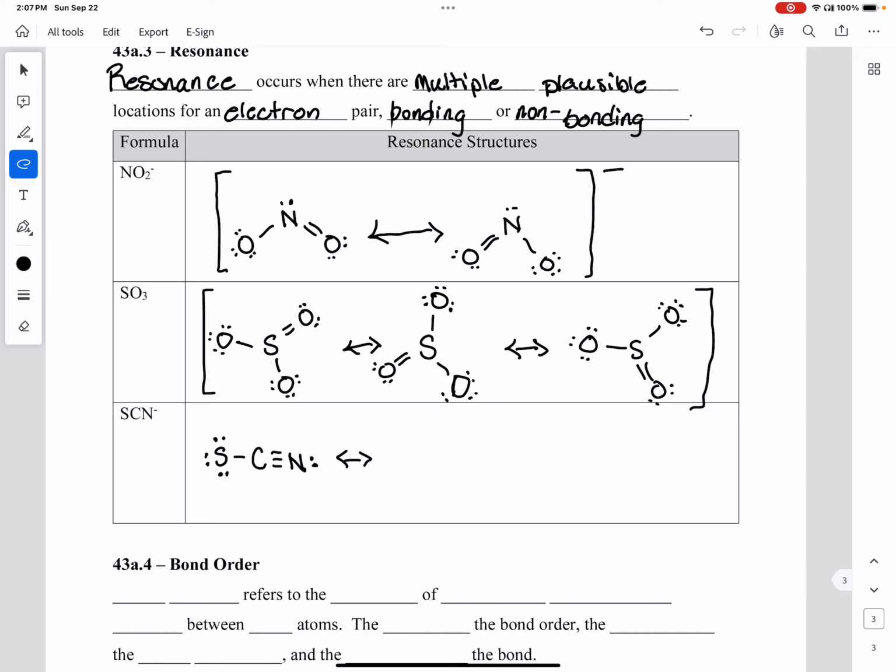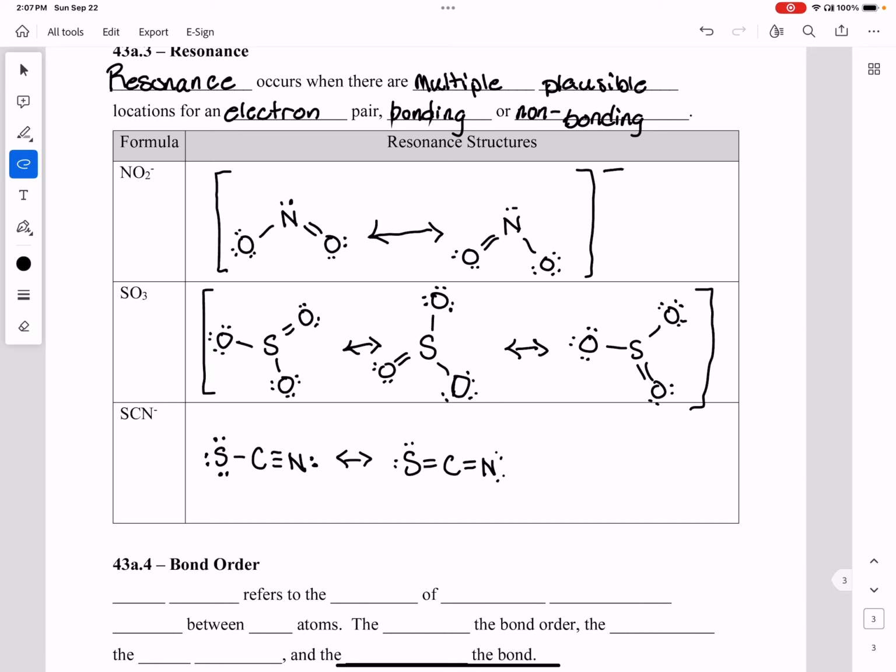So let's draw another option. So another option would be this. Okay, so we can see that the octet rule is still satisfied, and we just have a different arrangement of lone pairs and bonds.